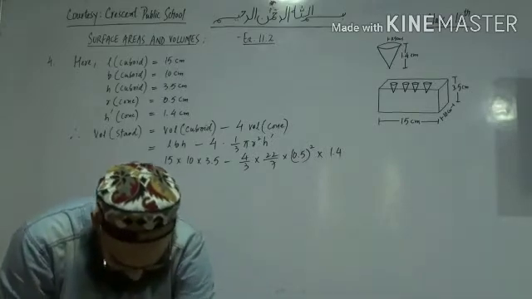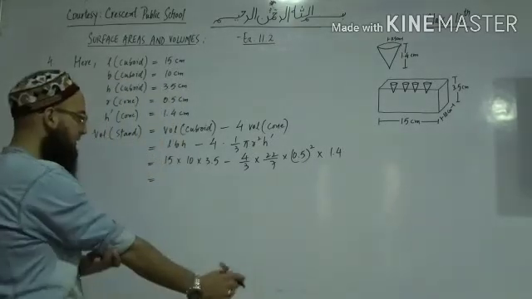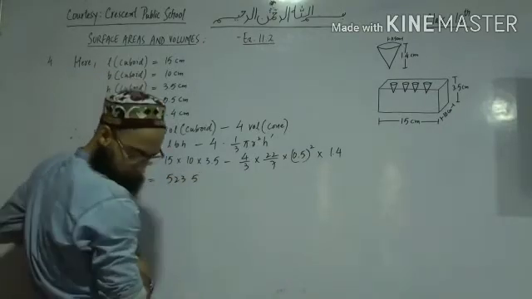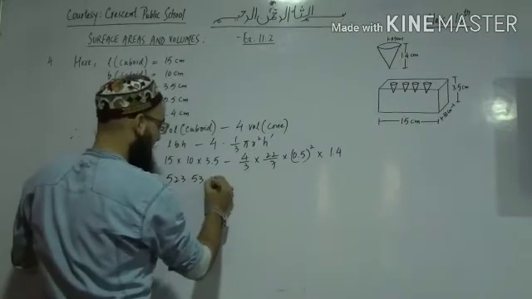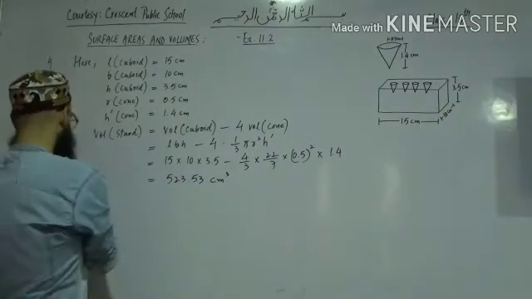So it gives you 523.53 cubic centimeter. This is the volume of stand.